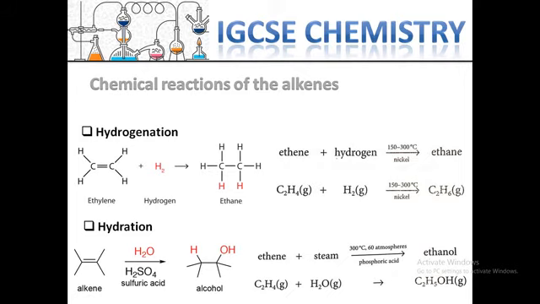So let's move to the last reaction of the alkenes, which is hydration. Hydration means adding water. If you break down the water into two parts, you get one hydroxyl group and another hydrogen. This reaction should be carried out in the presence of an acid like sulfuric acid or phosphoric acid. Any acid you need to add to this reaction.